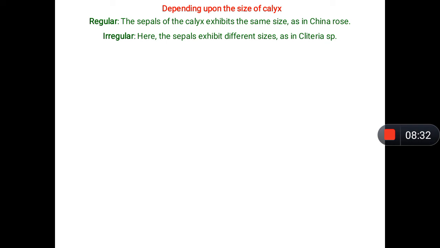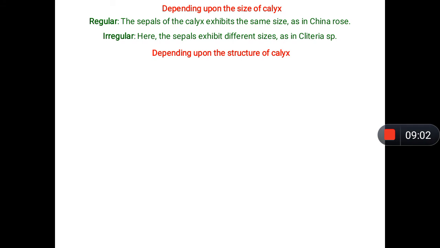If it is regular, the sepals of the calyx exhibit the same size, as in China rose. That means every sepal has the same size. If irregular, the sepals exhibit different sizes, as in Clitoria. That means the size of every sepal of the calyx is different.